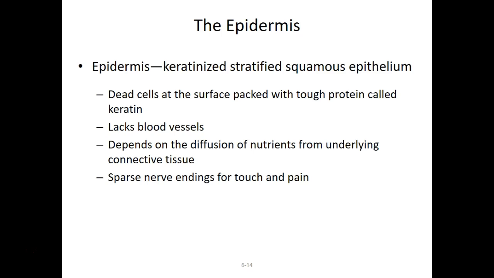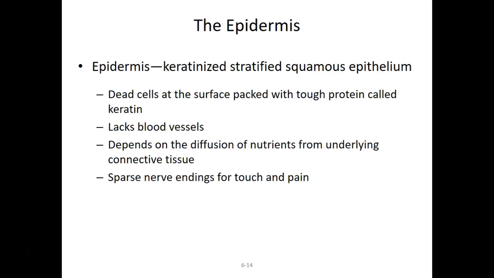The epidermis is composed of predominantly keratinized stratified squamous epithelial cells. Because they are keratinized, the cells at the surface die as they move up, and so all the cells at the apical surface are dead cells. The epidermis has very few nerve endings. The main ones are for either pain or for pressure.